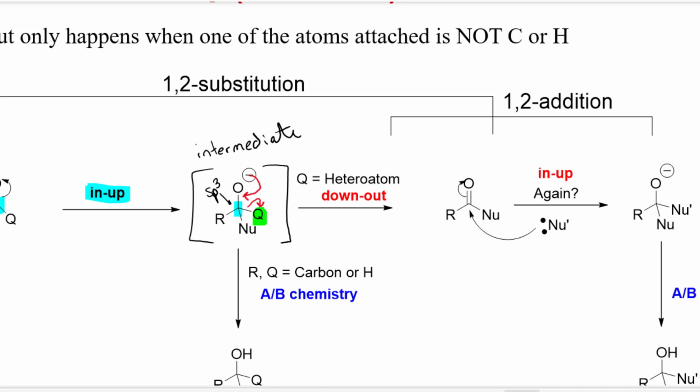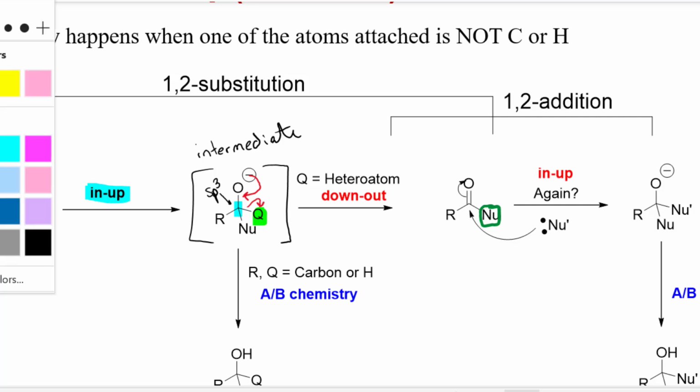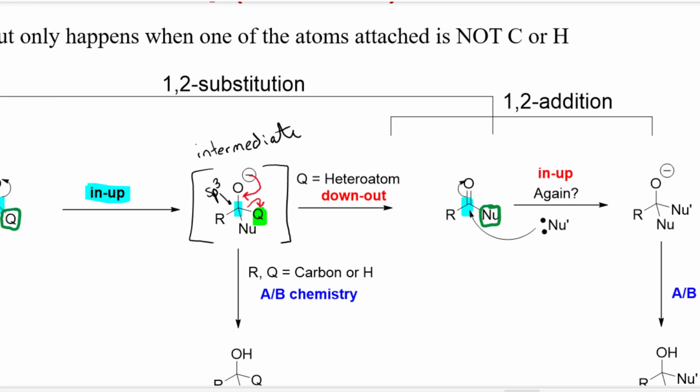And now what we've done is we have replaced Q with whatever the nucleophile is. So we started with a carbonyl, we ended with a carbonyl. Okay? If we end with a carbonyl, it means we still have a carbon that's electropositive, and maybe I've still got some more nucleophile around. Should I do the reaction again?